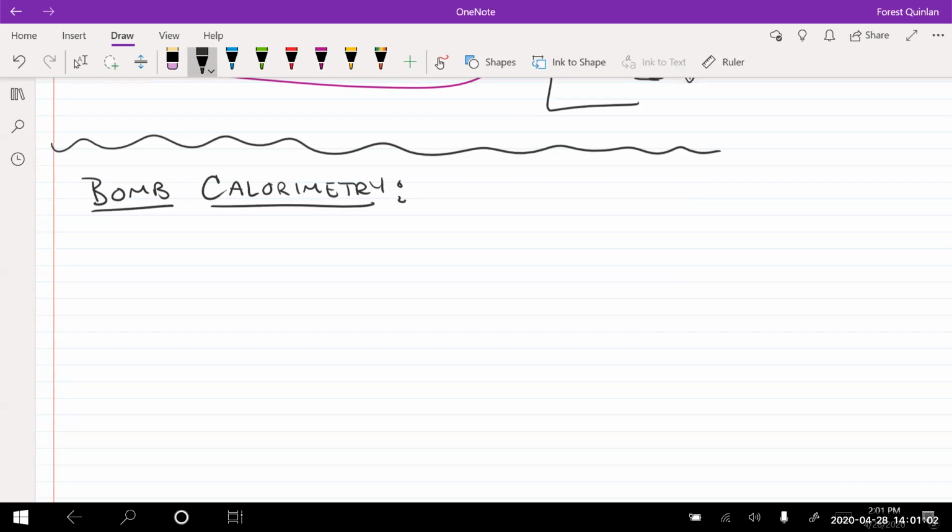So bomb calorimetry, calories, right? We want to know the energy inside of a thing. So you want to know how many calories are in a Big Mac.